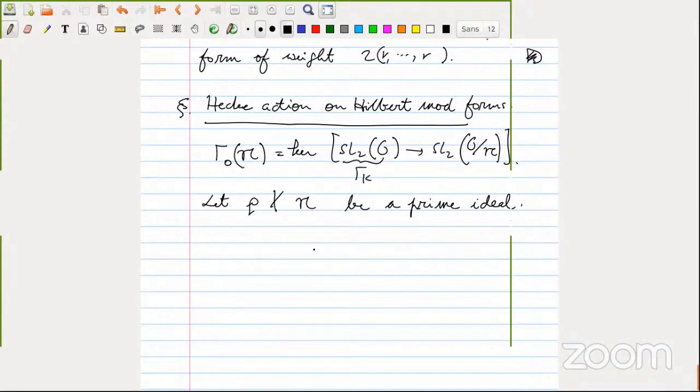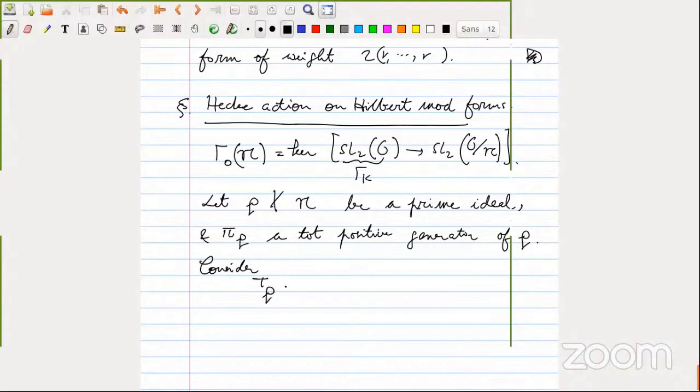Then I choose pi p, a totally positive generator of P. The right way is to view my pi p as an element of the adeles of K, which is one everywhere except at P. I'll give you the reference for this section.